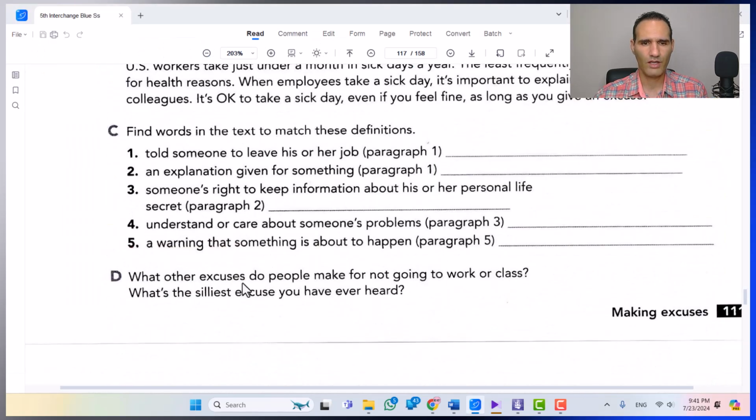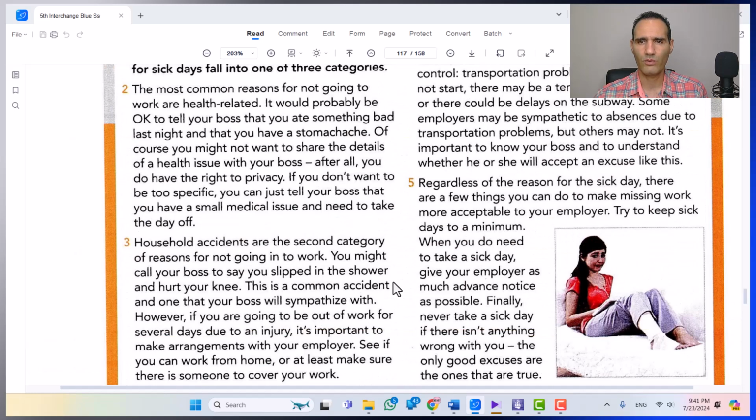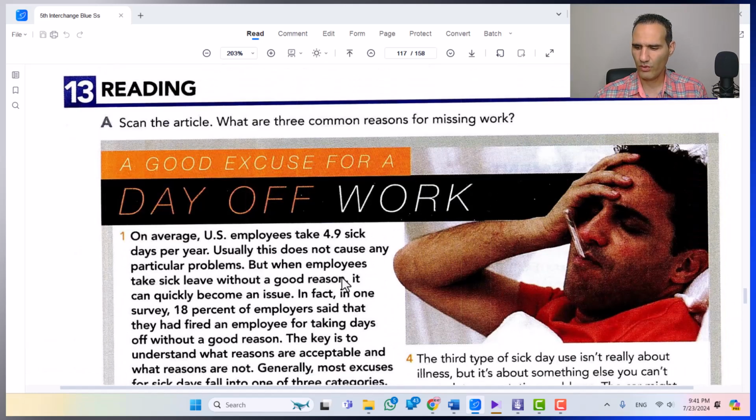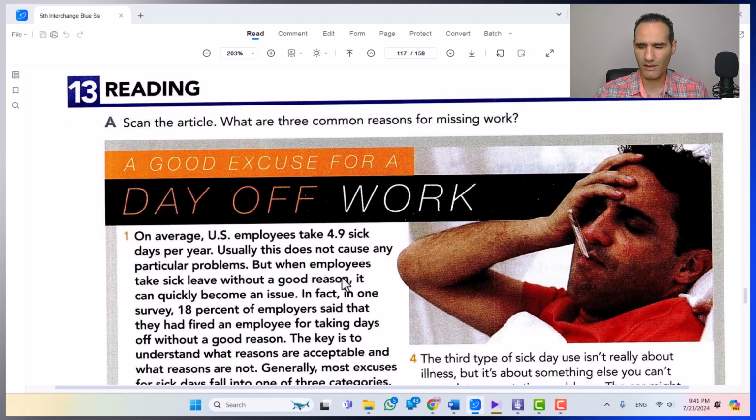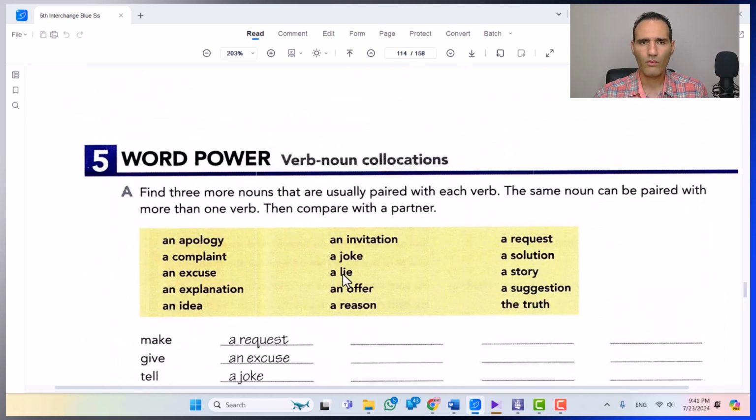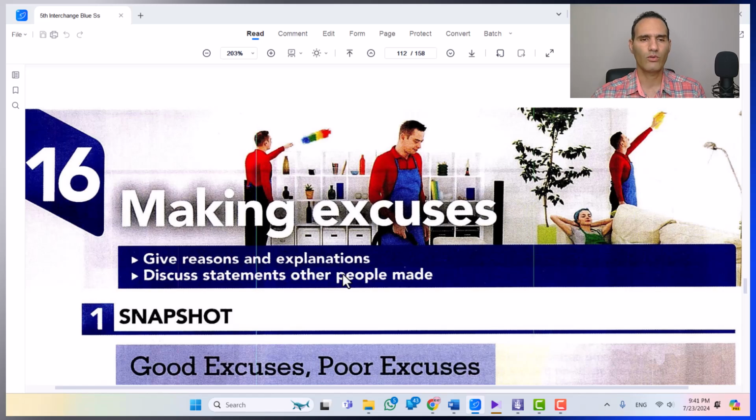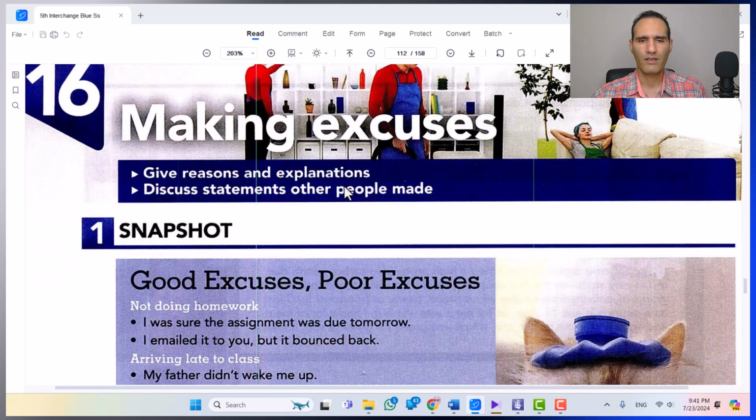These were these two questions that we took care of and the reading finished. So if I want just to go back and see what we talked about today, our talk was about making excuses.